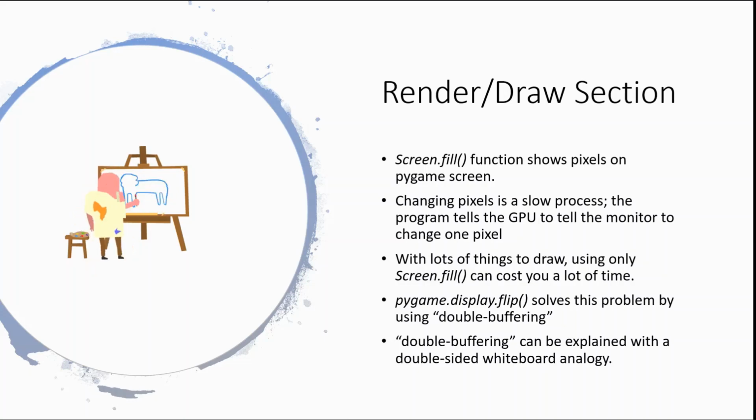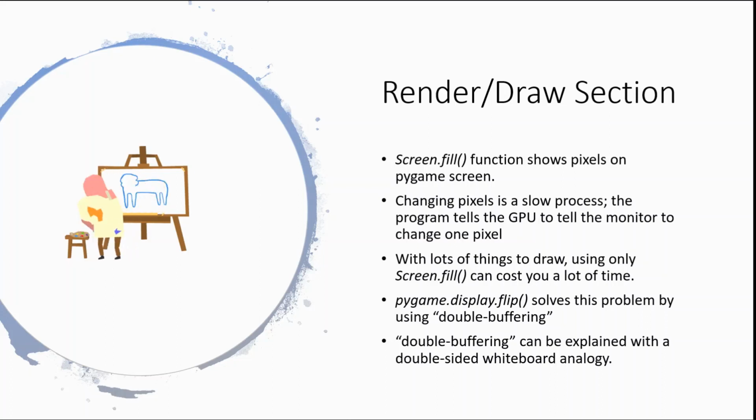So the way that we resolve this is through something called the pygame.display.flip function. And what this does is that it uses this concept called double buffering. And the idea of double buffering can be represented through a double whiteboard analogy. So pretend you had a double-sided whiteboard, and on the first side you are writing some form of essay. Now the thing is that you can show this to your audience each time.